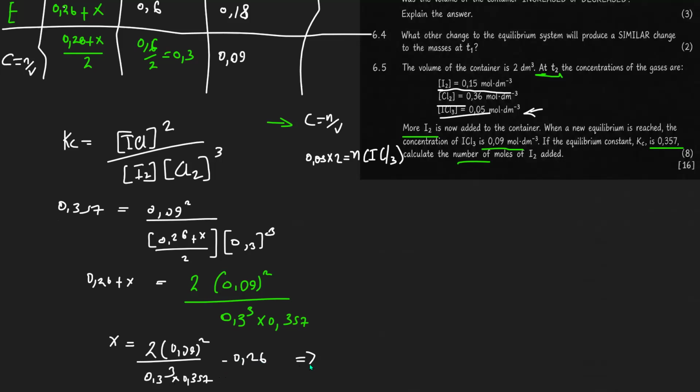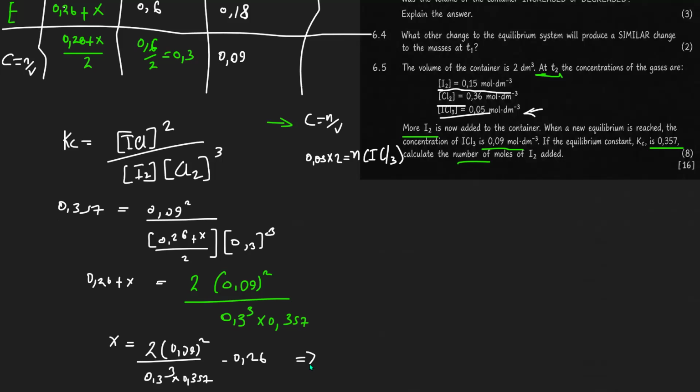I made them to be X. I used the number of moles to calculate this. Punching the calculator: 2 times 0.09 all squared, over 0.3 all to the power of 3, multiplied by 0.357, and then minus 0.26.